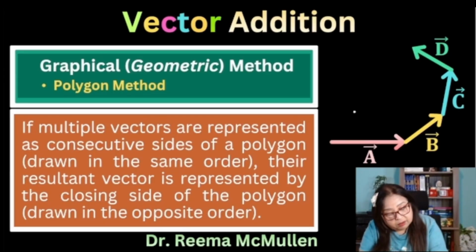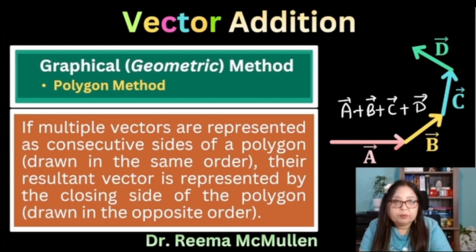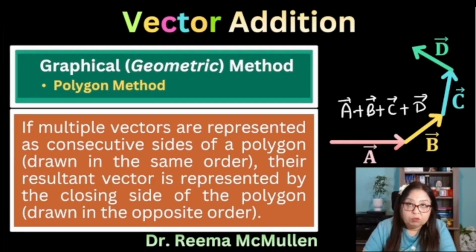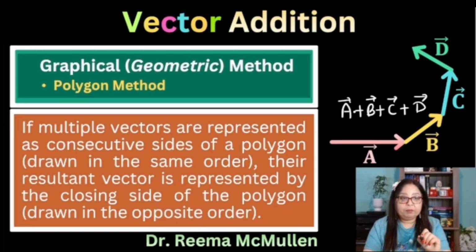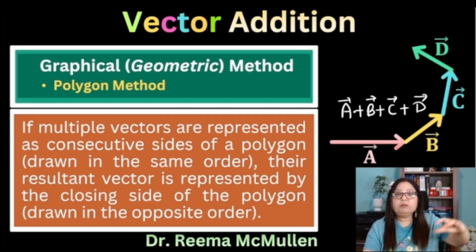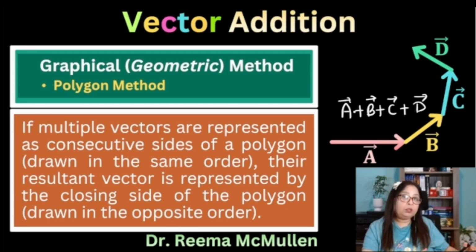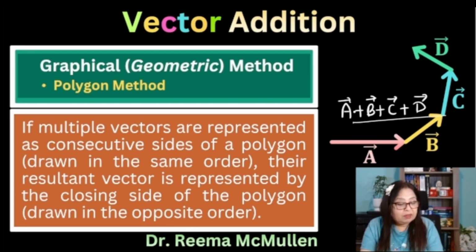So what we want is vector A plus vector B plus vector C plus vector D. So what we have done, we have put them head to tail, head to tail, head to tail. Doesn't matter how many vectors you have. Put them all head to tail in sequence.